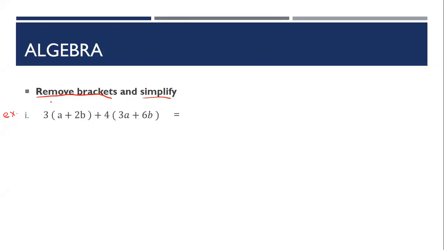Okay, you guys got the answer 15a plus 30b. Let's see. The first step is removing the brackets and then simplifying. 3 into a is 3a, plus 3 into 2b is 6b, plus 4 into 3a is 12a, and 4 into 6b is 24b.